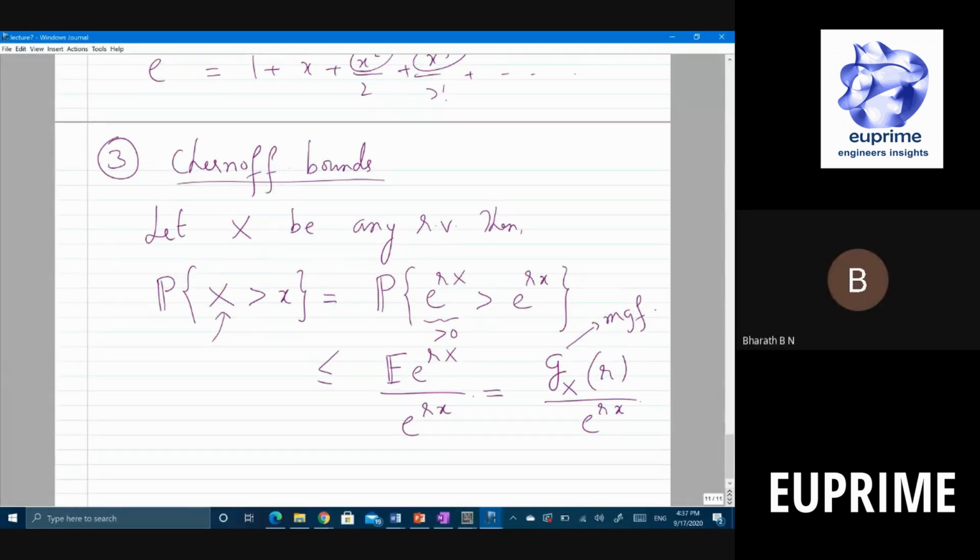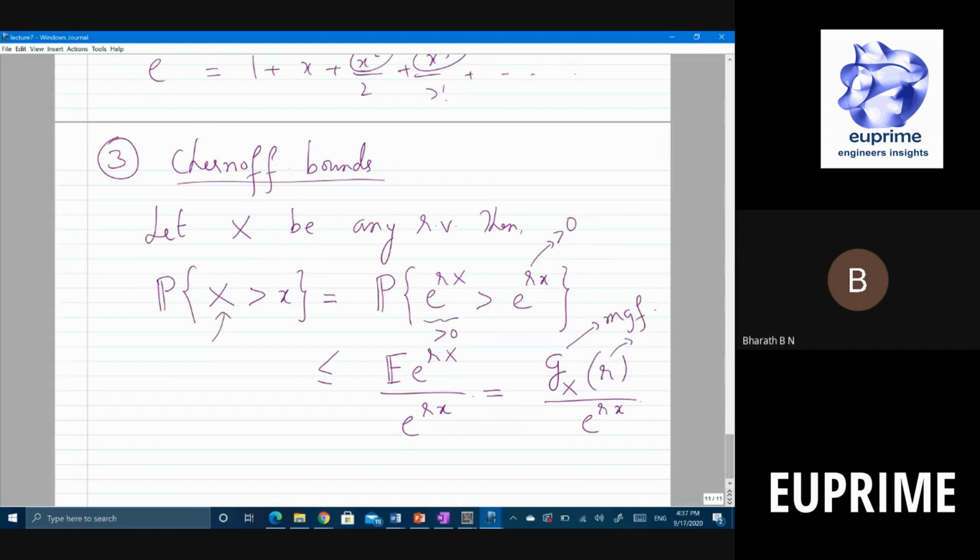Whenever we use different values of r, this r should be carefully chosen, because you should choose r in such a way that this moment generating function exists. In fact, I want to choose r to be positive. I cannot choose r to be negative, because then the inequality will reverse. If r is positive, then I can write this, provided the moment generating function exists.